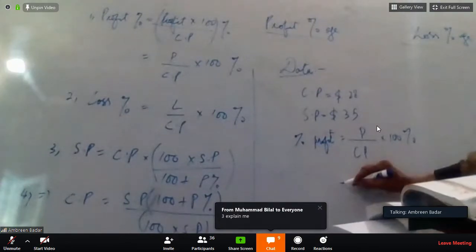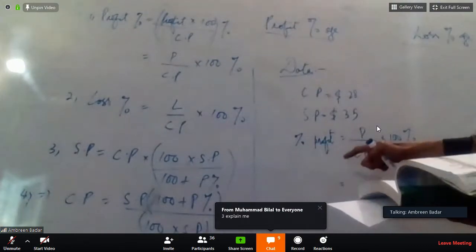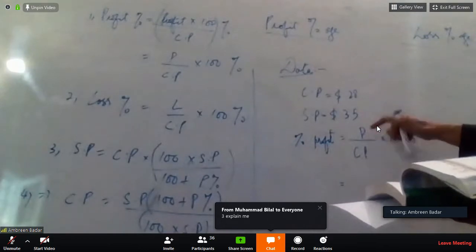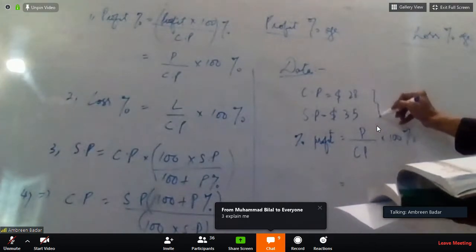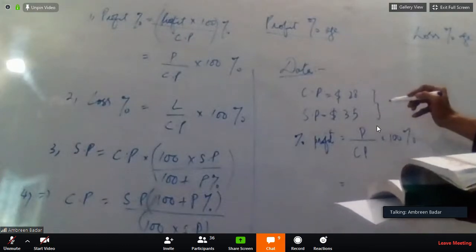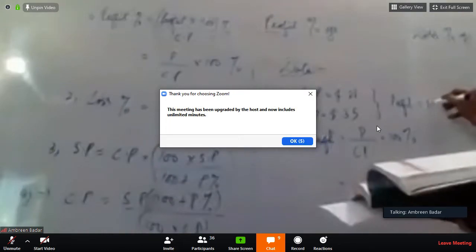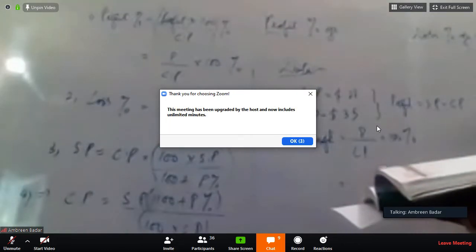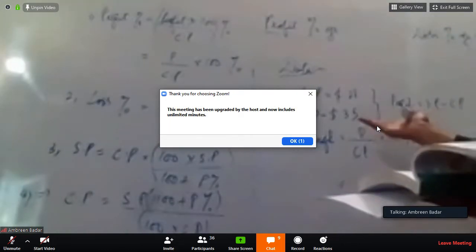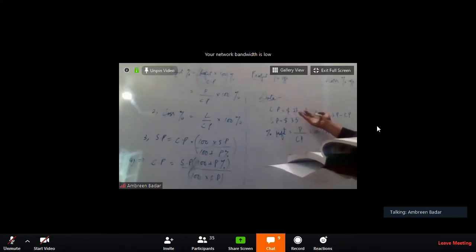Now what do you need to calculate the profit percentage? You need the profit, and as I told you, you can calculate the profit by using the formula selling price minus cost price. You have the selling price, you have the cost price.